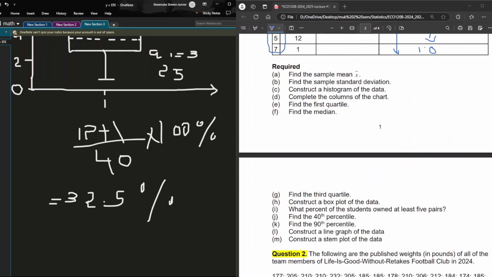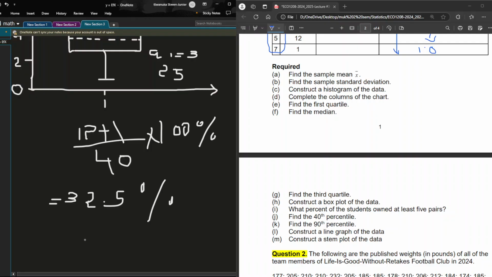Then they are telling us to find these other percentiles, the 48th and the 90th percentiles. So, like we said, we have to know the meaning of percentiles. Percentile means in 100.